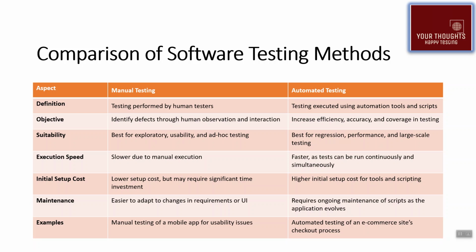And as we have already discussed, both have their own benefits and their own pros and cons. In this table, you can see that the initial setup cost of automation is very high. Another thing is that we definitely need to hire a very skillful person to do that, which is not an easy job.